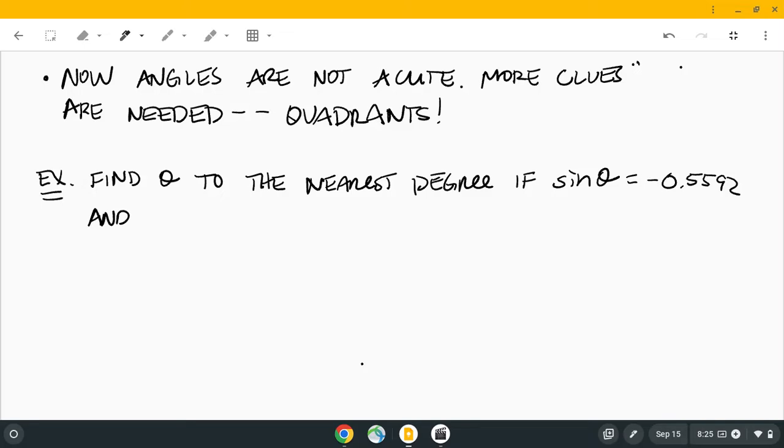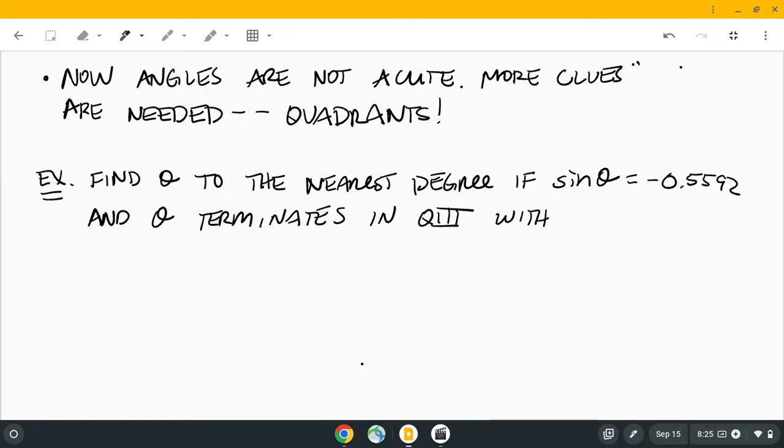So we need some clues. So here, theta terminates in quadrant 3. But even that's not enough because we have coterminal angles, right? So let's put this restriction here with theta between 0 and 360.